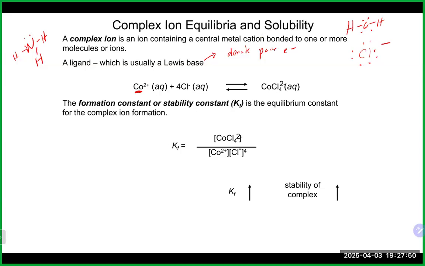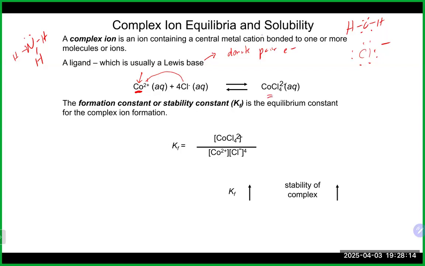So things that are polar, that have non-bonding electrons, are usually things that can be really good Lewis bases. Remember, a Lewis acid is something that is electron deficient, which is like this guy. He's got a +2 charge. He's missing some electrons, which makes him pretty happy to accept some electrons from the chloride to form this complex ion that's over here.